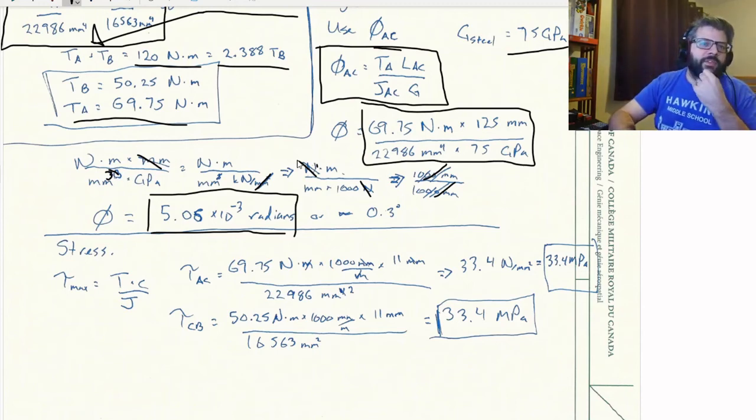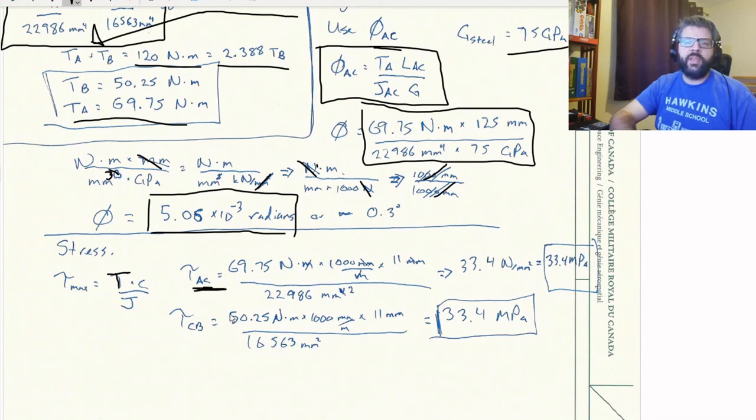And then we can go to our stress. So we know that the stress is torque times the distance from the center divided by J. We know that our torque is 69.75 Newton meters in the section AC here.